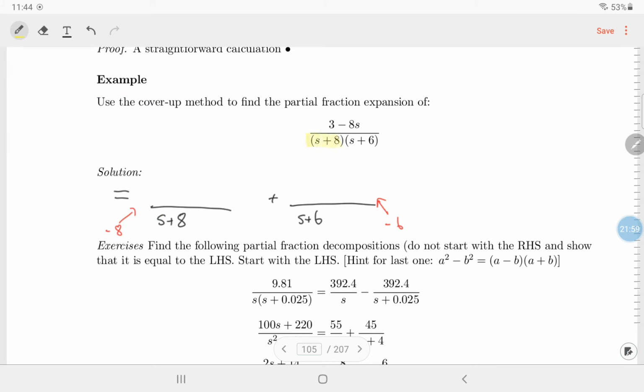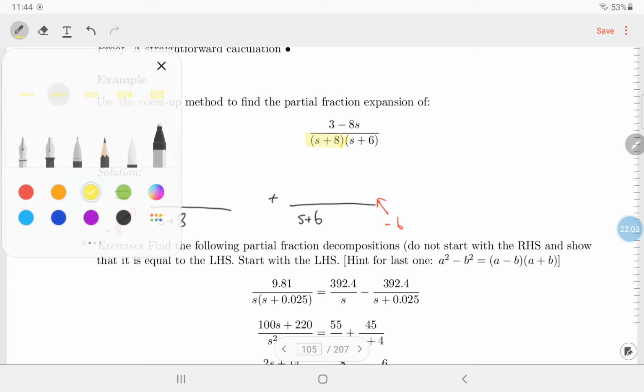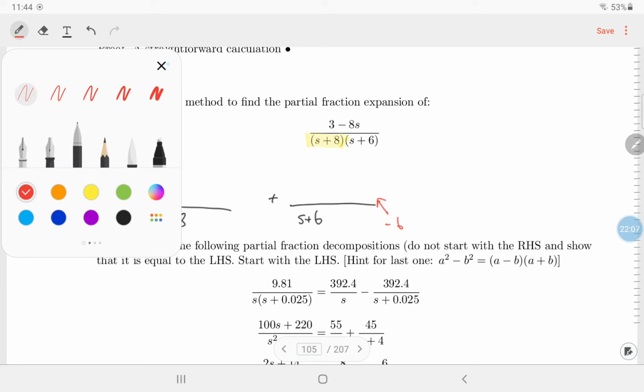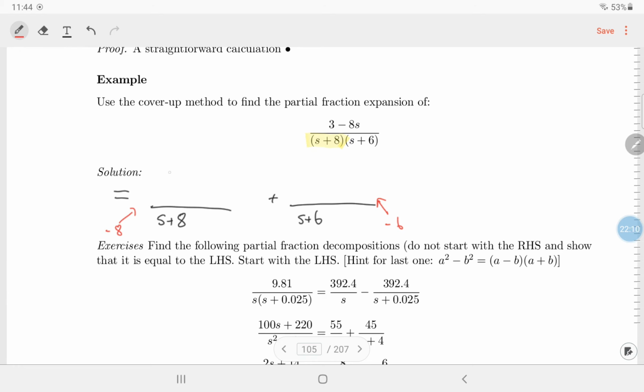So first cover up s plus 8. What's left? 3 minus 8s over s plus 6.